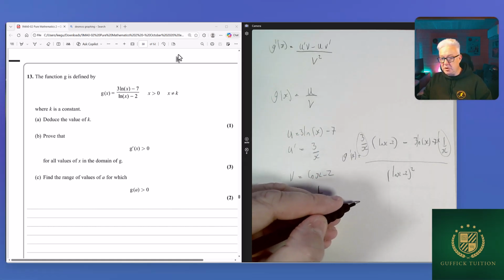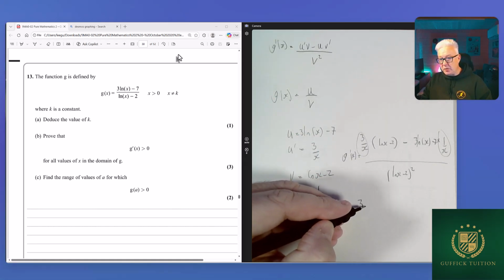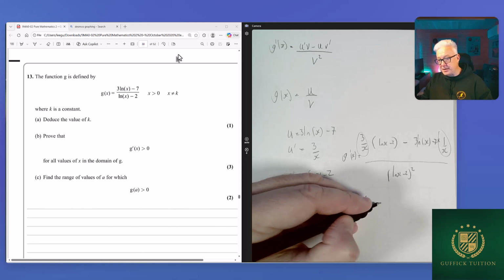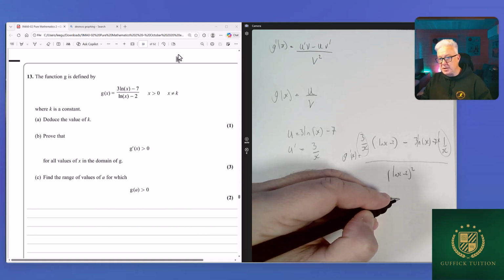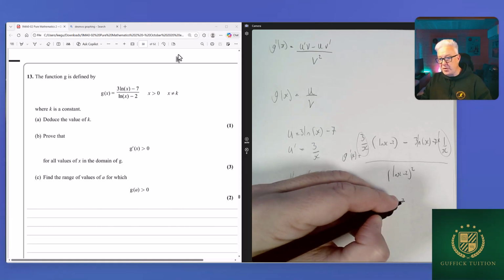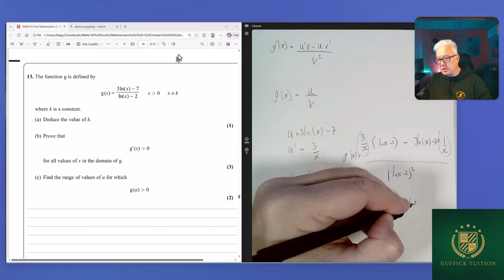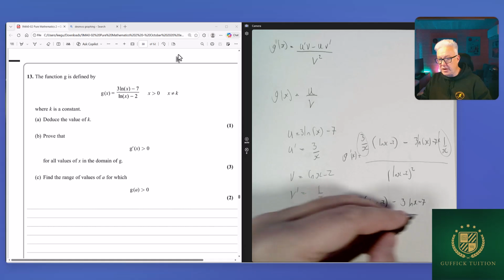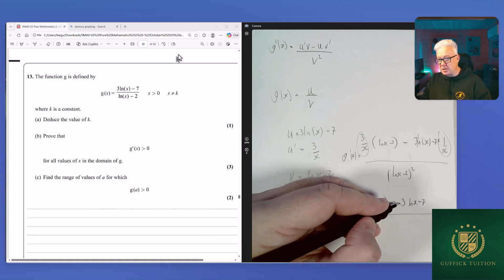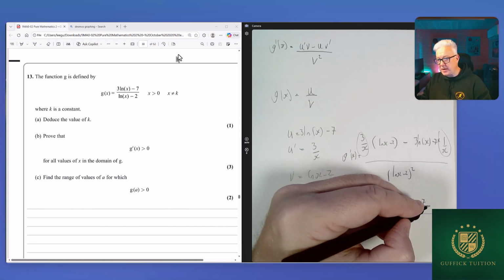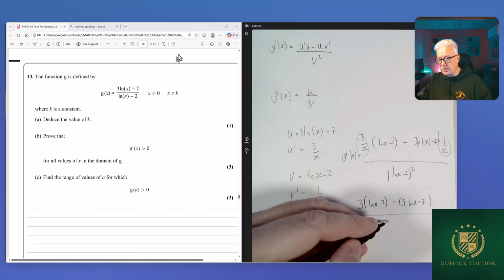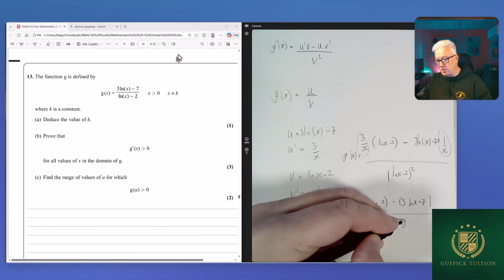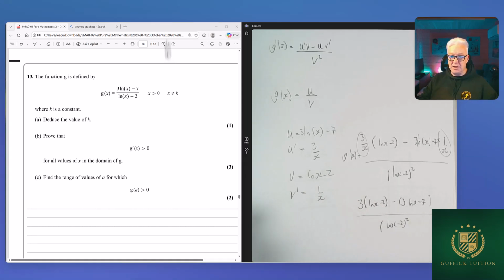So we're going to times the numerator and denominator by x, which is going to give us 3 ln x minus 2 minus (3 ln x minus 7), like that. I should put a bracket around that there. All over v squared, which is ln x minus 2 all squared. Okay, so that's that bit.